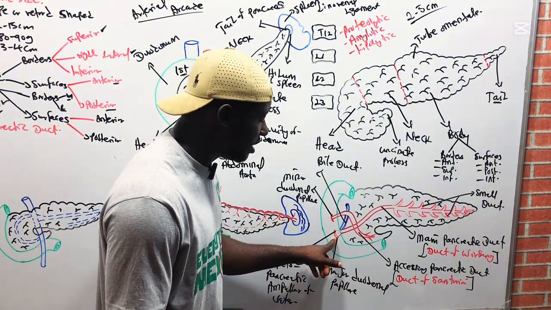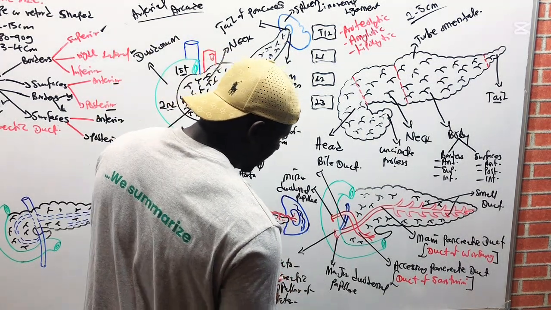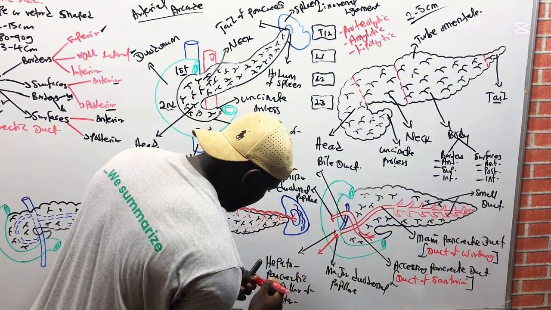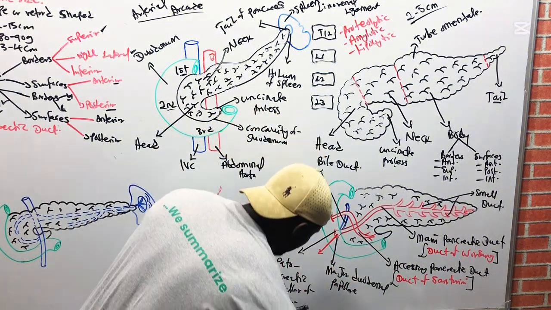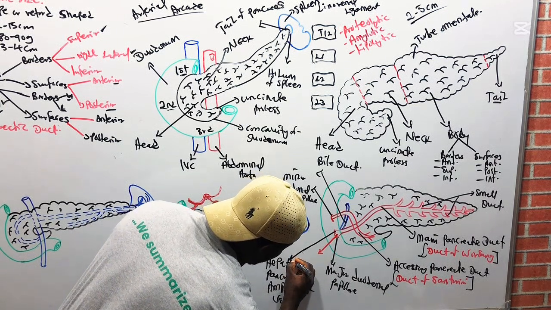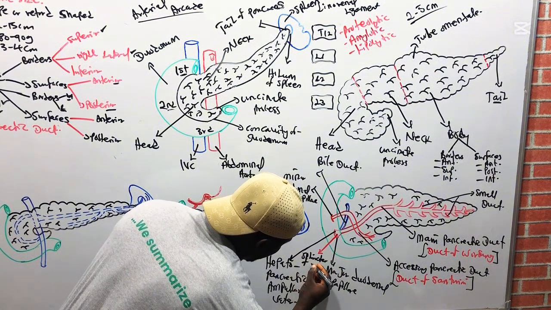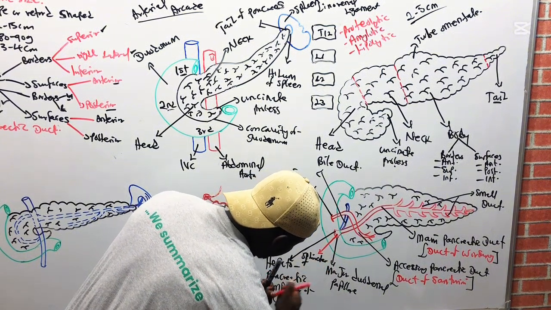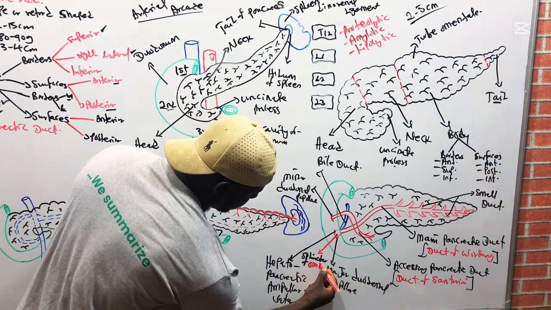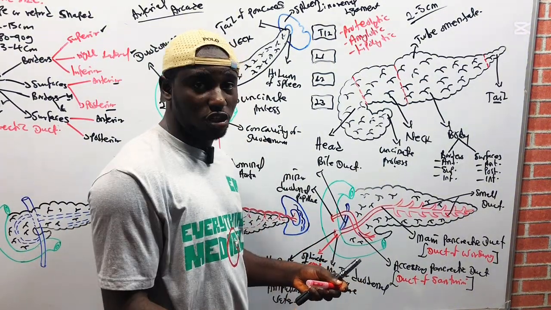Recall that this one has a sphincter called the sphincter of Oddi. The sphincter of Oddi is here, inside this minor duodenal and major duodenal papilla. This is the sphincter of Oddi, which regulates the influx of the pancreatic secretion into the what?